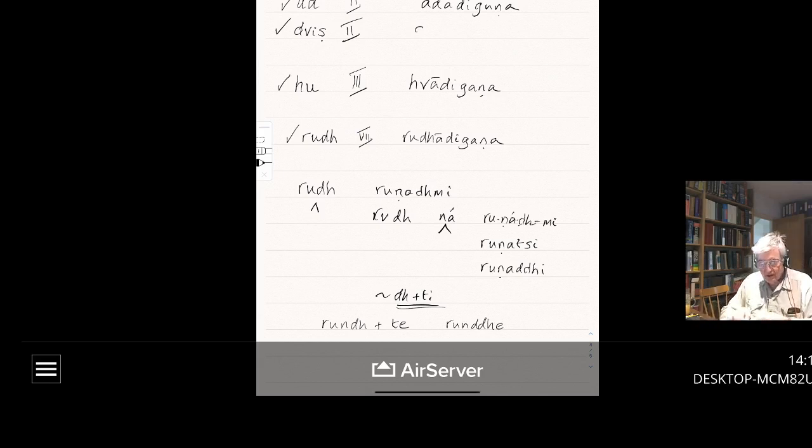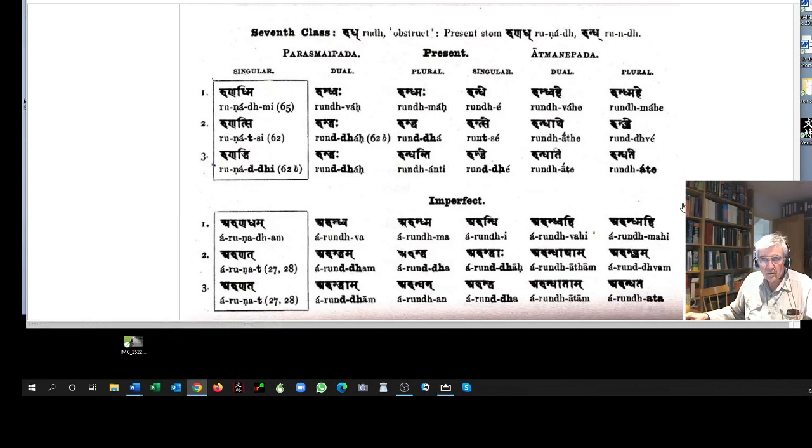Rundhte, rundhe. Let me call back. There we see in the strong forms here, the na added throughout. In the weak forms, just the n on its own. Atmanepada, rundhe. As before, once you've got runaddhi, rundhe, everything else falls into place.